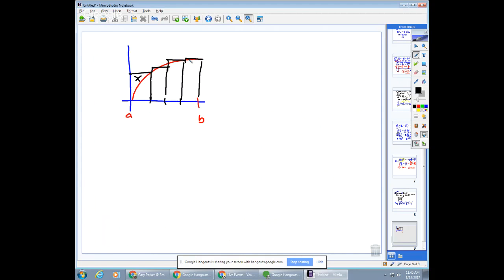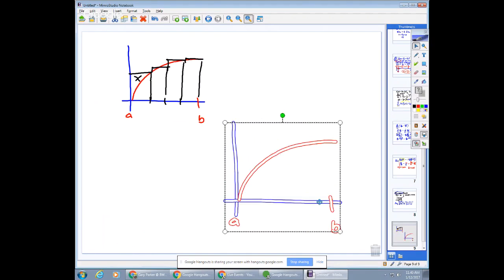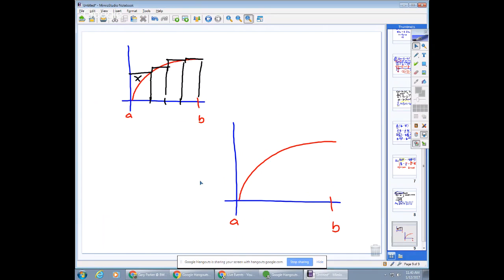So wouldn't it make more sense to not worry about a fixed width, but to say, hey, where it's steeper, I just want thinner rectangles so I don't waste as much area when I'm calculating them. And when it's wider, I can make those pretty darn wide because I'm not wasting much extra area there. Or if we had a lower sum, happens to be an upper sum, but if we had a lower sum, I'd be losing area.